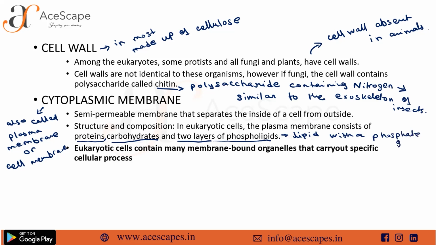But this is an important point. Eukaryotic cells contain many membrane-bound organelles that carry out specific cellular processes. This is absent in prokaryotic cells. They do not have membrane-bound organelles. Only eukaryotes have these.